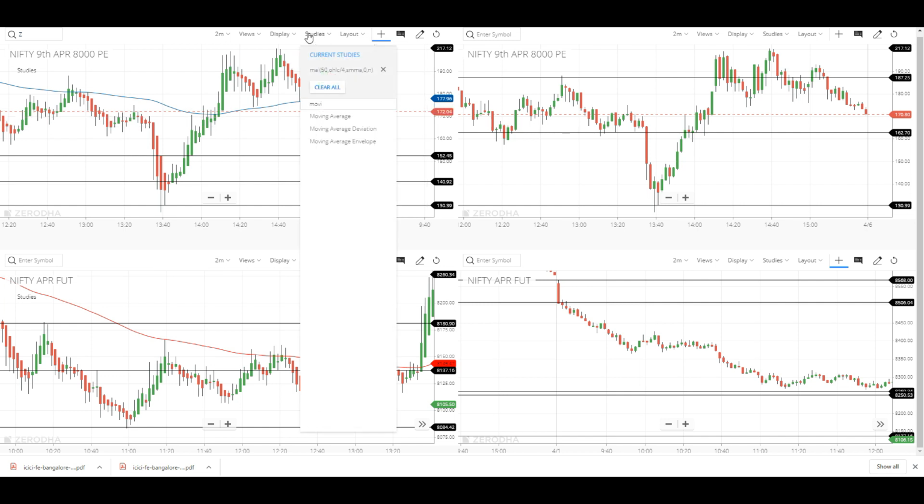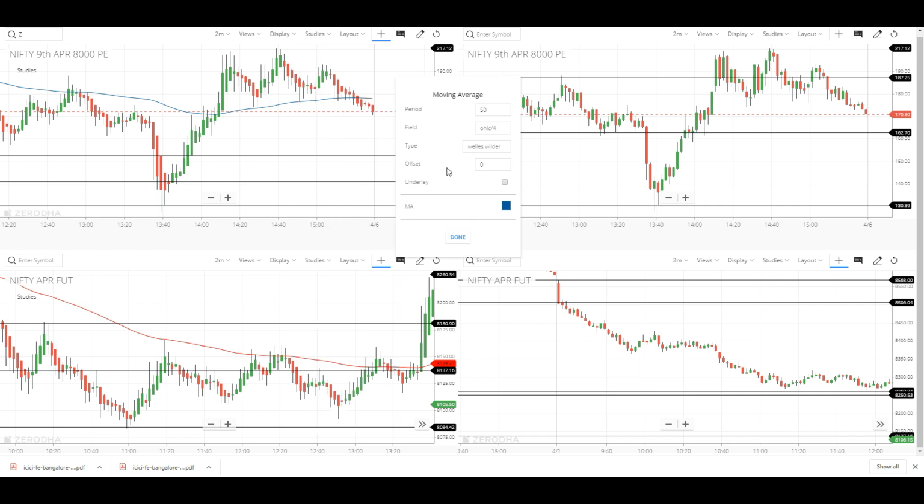I have one simple setting which is a moving average, a 50 period moving average. The field I have selected is OHLC/4. If you click on this, you will get this particular setting. Type is Wells Wilder, and offset is 0, and once this is done, just say OK.